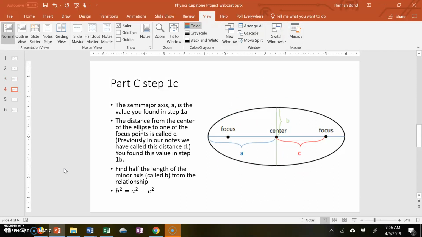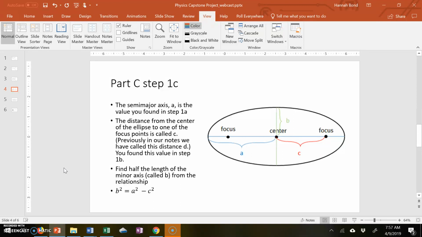In step 1C, you need to define 3 parameters for the ellipse. The semi-major axis, which is called A, is the value you found in step 1A. So you've already found that. The distance from the center of the ellipse to one of the focus points is called C. By the way, in our previous notes, we have called this distance d, but you have found this value in the previous step.